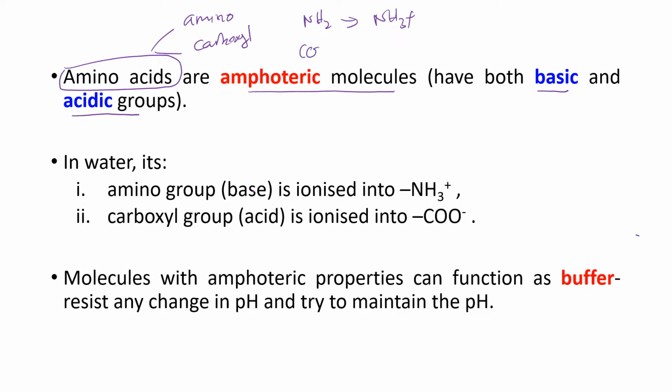The carboxyl group COOH will become COO negative. So an amino acid is an amphoteric molecule, which can act as both acid and base. In water, its amino group, which is base, is ionized to NH3 plus.